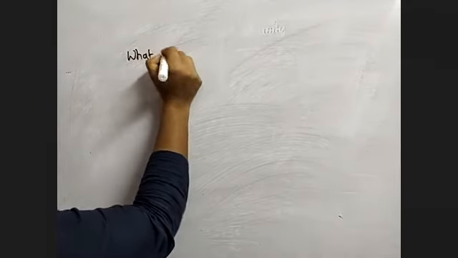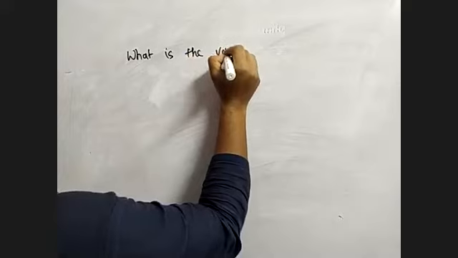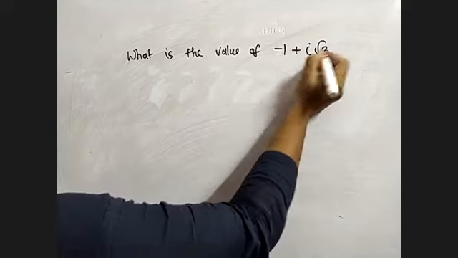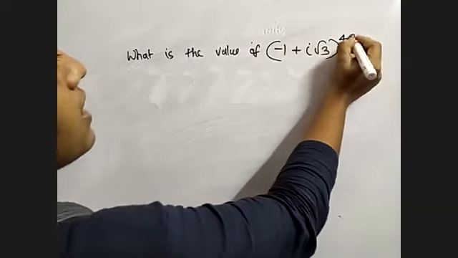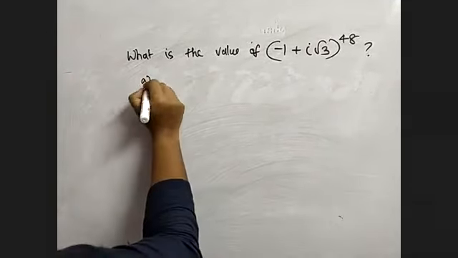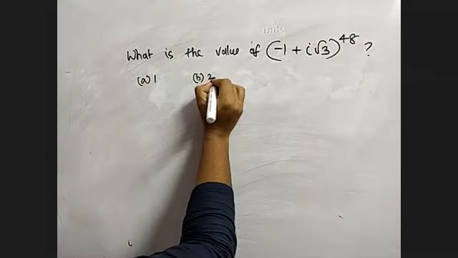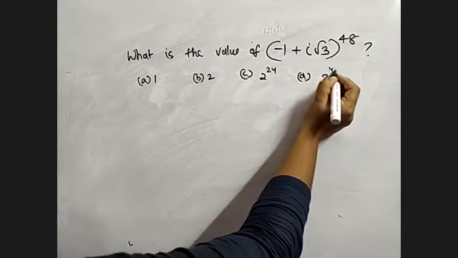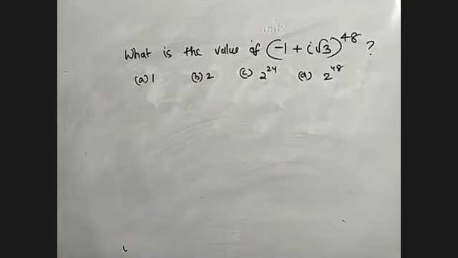What is the value of (minus 1 plus i root 3) the whole raised to 48? Options: 1, 2, 2 raised to 24, 2 raised to 48. Just do it first. Simple question.